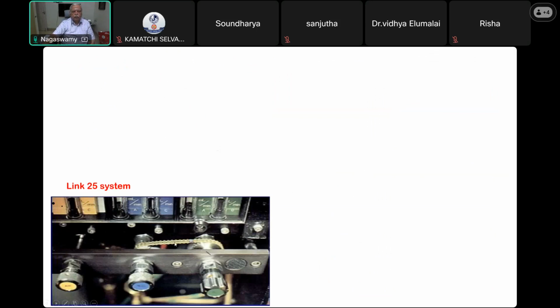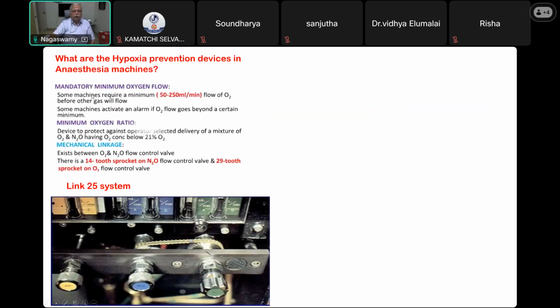That is done by applying two sprocketed wheels which are connected by a chain. You find this is a larger wheel and this is a smaller wheel. So hypoxic mixture is prevented by the anesthesia machine by 3 mechanisms. One is what is called mandatory minimum oxygen flow, where 50 to 250 ml of oxygen will start flowing once you start the machine, even without opening the oxygen flow meter.